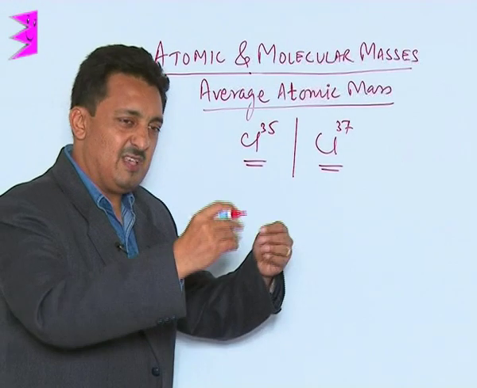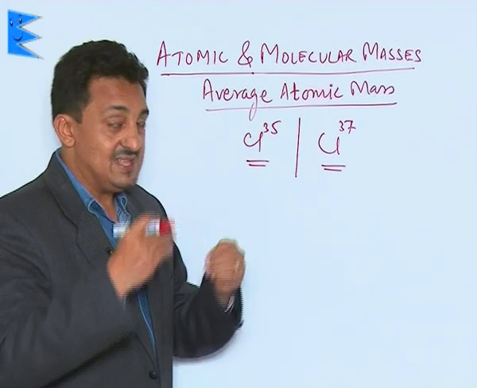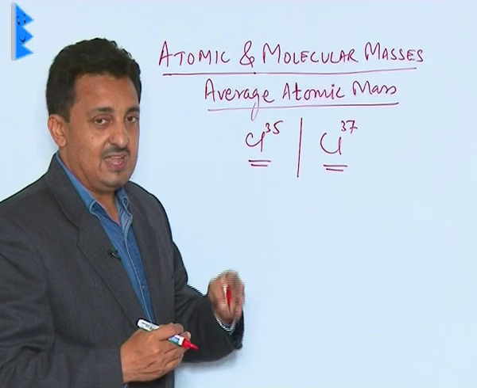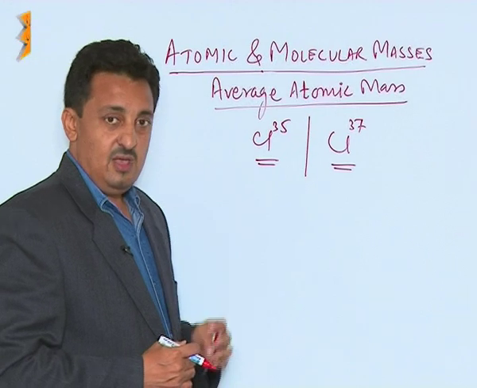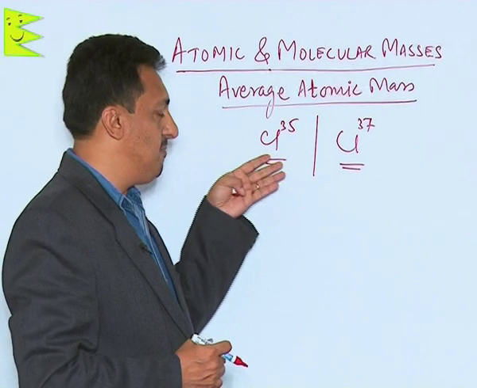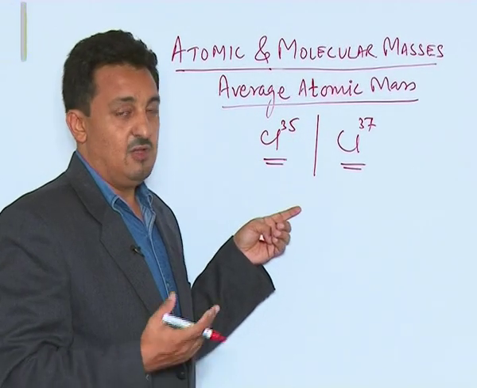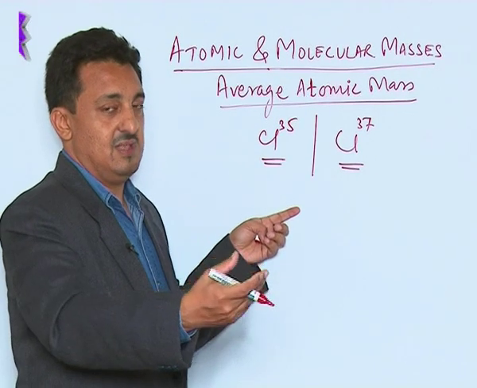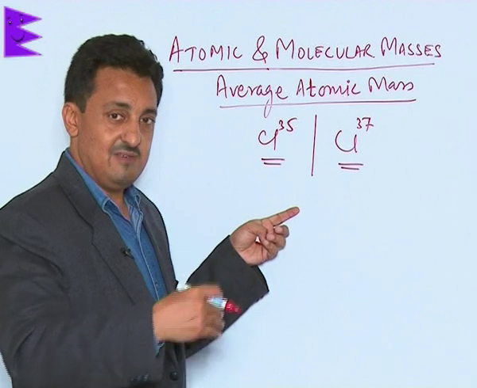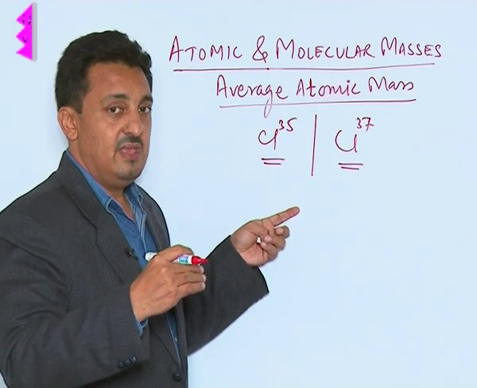If we randomly pick up any sample of chlorine, that sample will certainly have many atoms of chlorine 35 and of chlorine 37 also. If we take the mass of that sample as 35, that will not be correct, because it will certainly be more than this, since the atoms of chlorine 37 increase its mass.